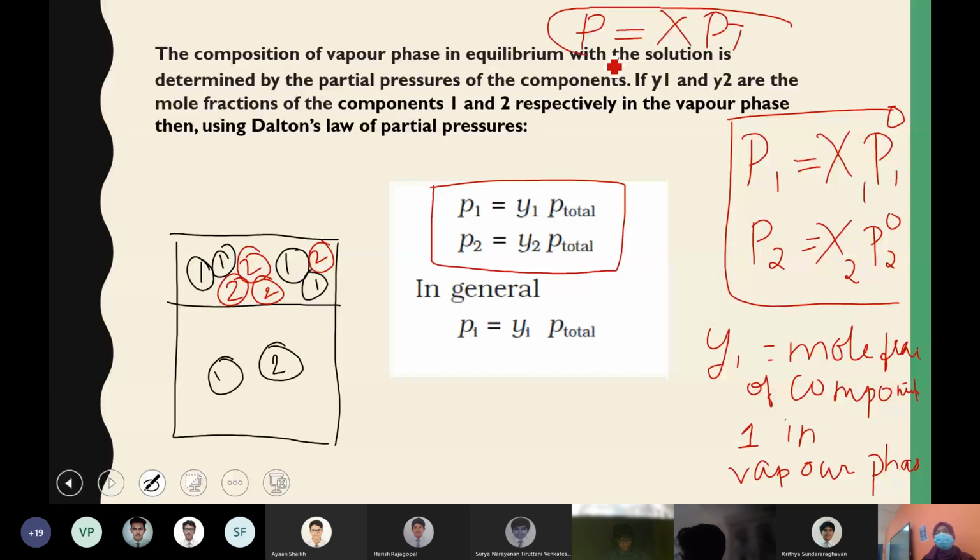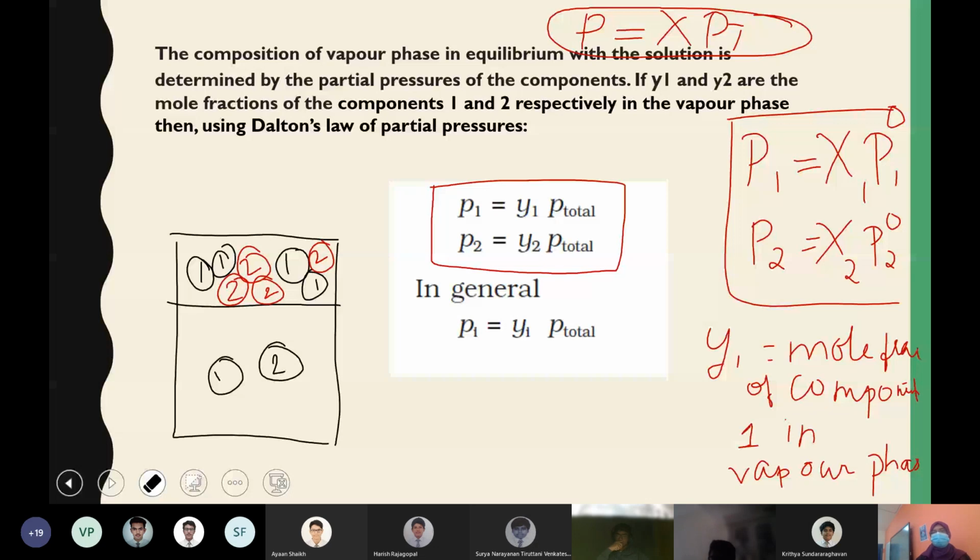This was Dalton's law, and we are not using chi here, because if you use chi again, you may get confused whether it's a solution or gas phase. That is why we use Y1 and Y2, just to show that these are the mole fractions in the vapor phase. So you can use Y instead of chi.